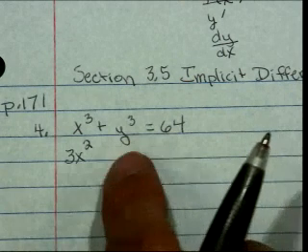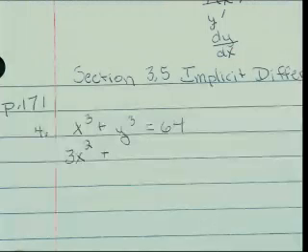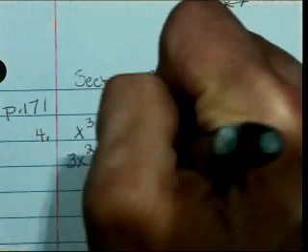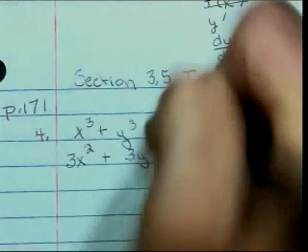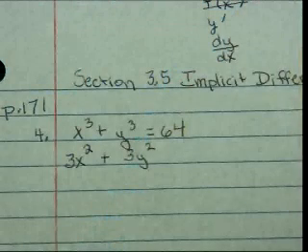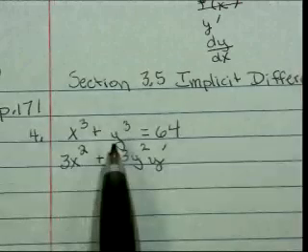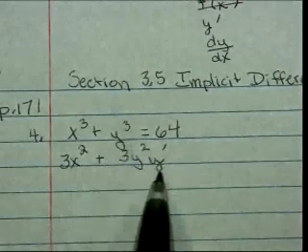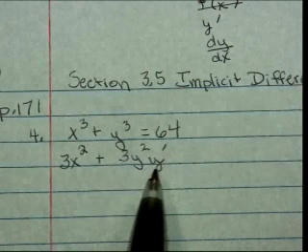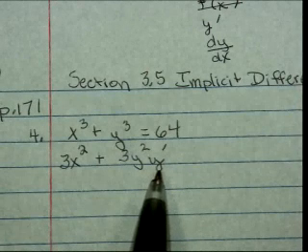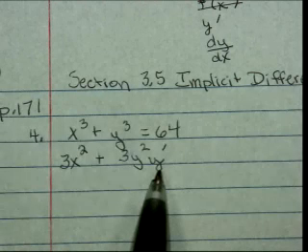The derivative of y cubed is what? 3y squared, but also times y prime. This is like the derivative of ugly cubed is 3 ugly squared times the derivative of the ugly. All I can do is just write y prime because I don't know what y is exactly.